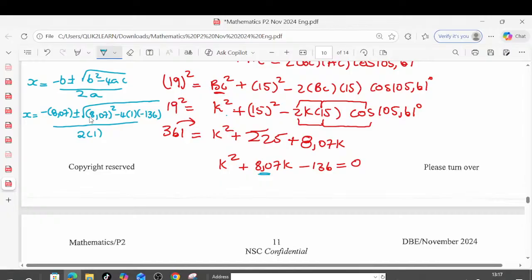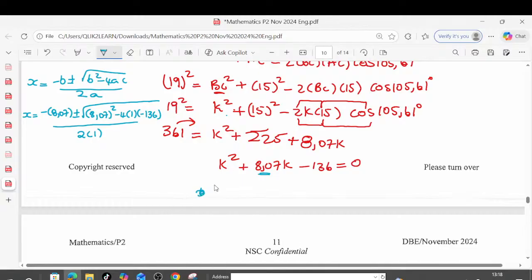8.07 squared minus 4 into 1 into minus 136, everything divided by 2. So we get, okay, I got my answer as 8.30.